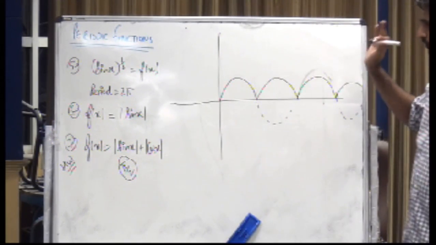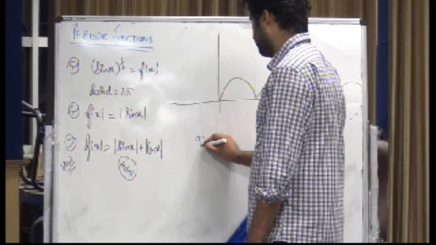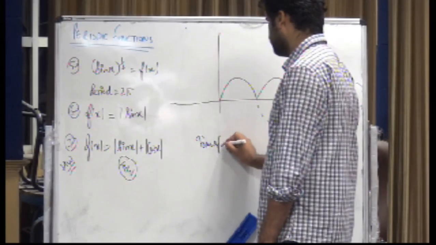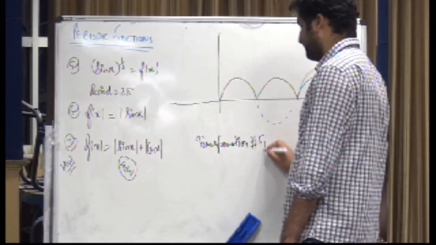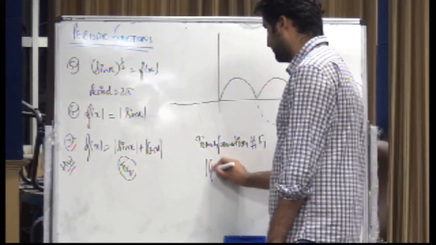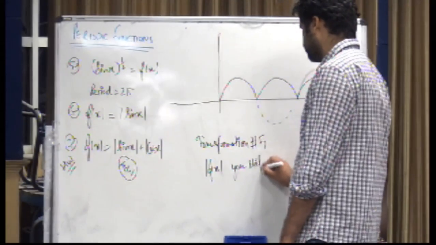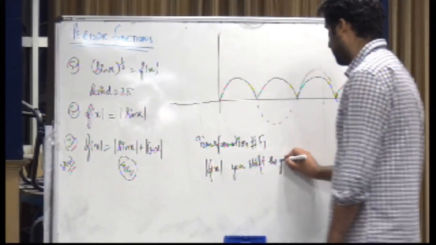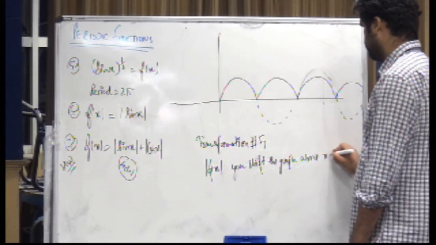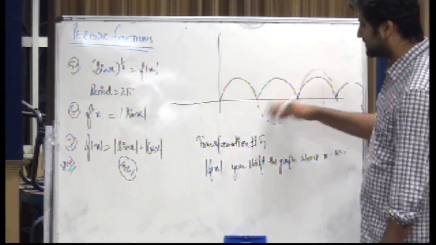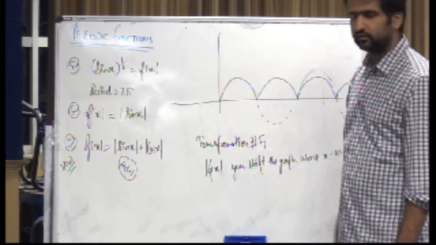So if you have to take modulus of any function, this will be the transformation number 5. Transformation number 5 is, if you are taking modulus of f(x), you shift the graph above the x-axis. The graph which is below the x-axis, you take the mirror image of that graph and you shift it up above the x-axis.